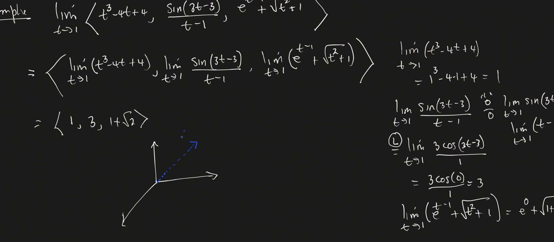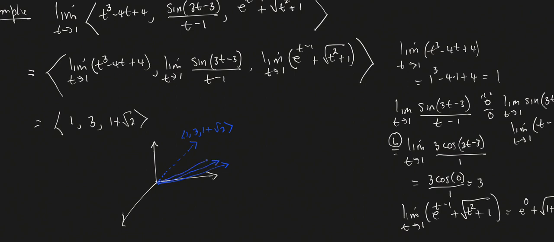And the reason why I draw it as a dotted vector is to say that the vectors defined by this function are going to be getting closer and closer to this one, but not actually equal. So let's say you start by plugging in something like t equals 1.1. Maybe you'll get this vector. And then if you plug t equals 1.01, you might get another vector like this.